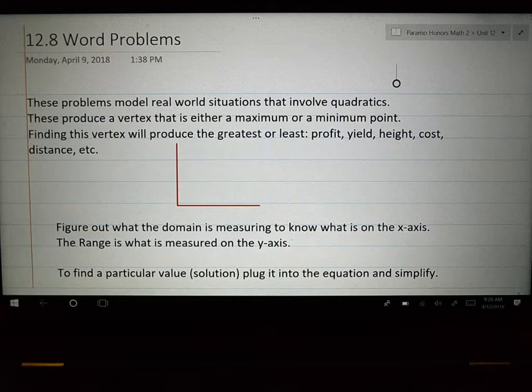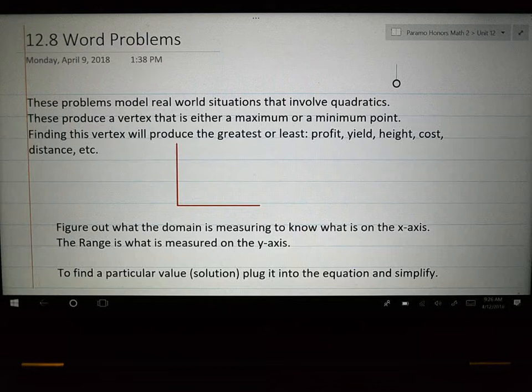So that's why we incorporate the word problems, so that you can figure out the greatest or least profit, yield, cost, height, distance, etc. If you want to think like a business person, you want to minimize how much you spend, and you want to bring in income. That's how you make more money. That's how you make more profit.